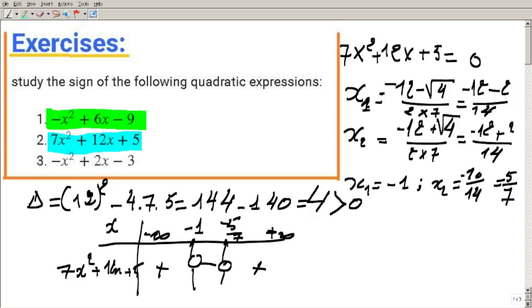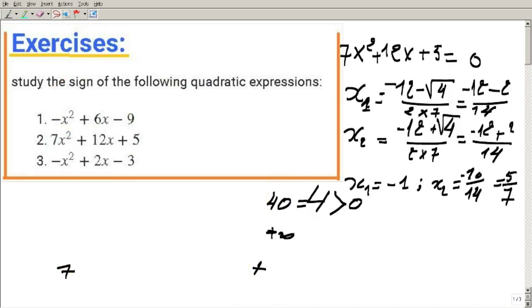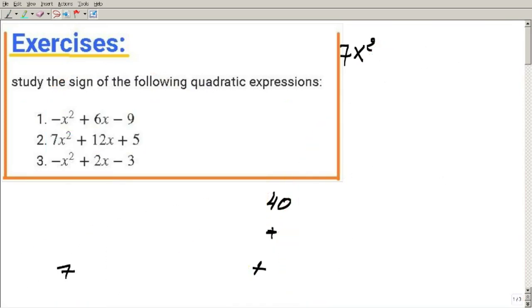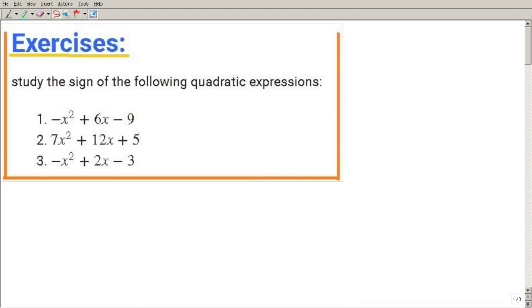So let's study the sign of the third quadratic expression, which is minus x squared plus 2x minus 3.